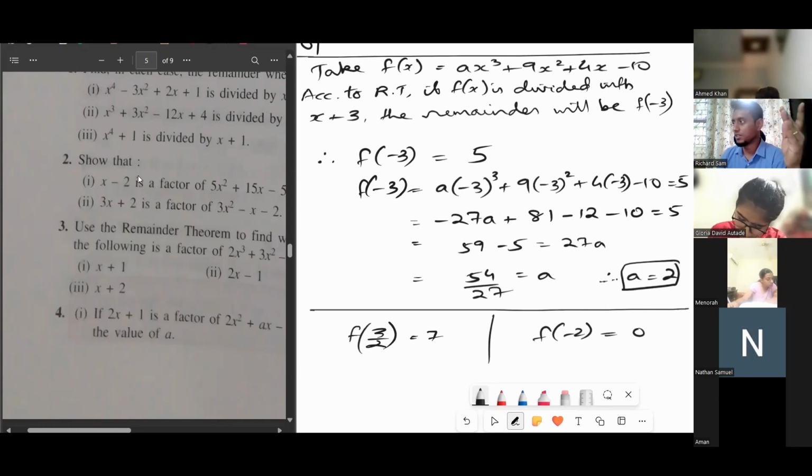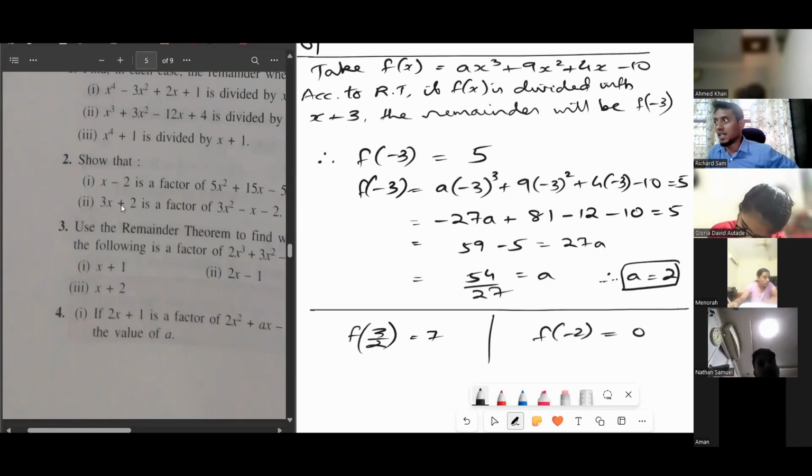Right, minus 2, when you take it to the right, it will become plus 2. So f of plus 2 is the remainder. When you're dividing this whole thing with 3x plus 2, then according to the remainder theorem, the plus 2 will go to the right, become minus 2. Then 3 will go down. So f of minus 2 by 3 is the remainder.